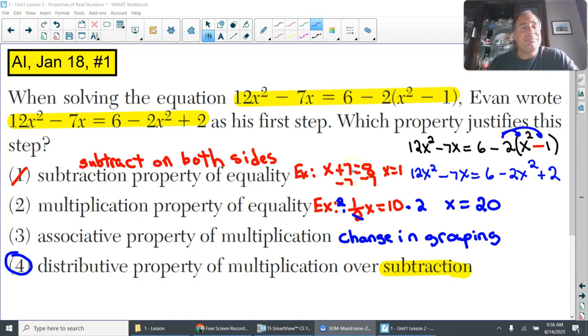If you add on both sides, that would be called the addition property of equality. Multiplication property of equality, when you have 1/2 x equals 10, and you multiply on both sides, that would be multiplication. Associative property of multiplication, just remember we're talking about the change in grouping. And distributive property is what the answer is there. And that is it.